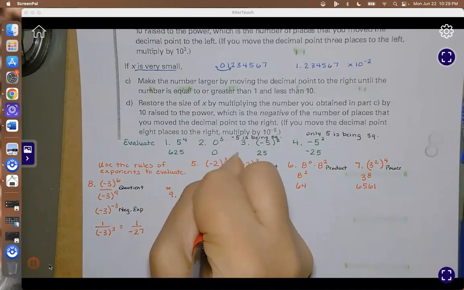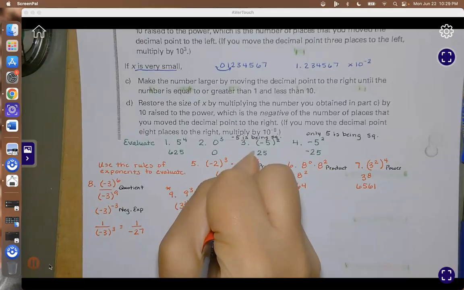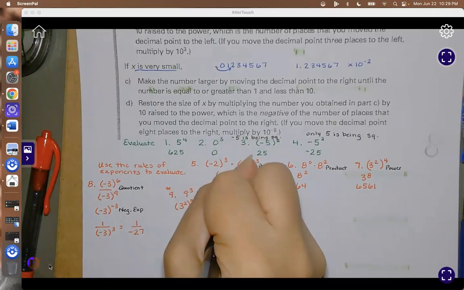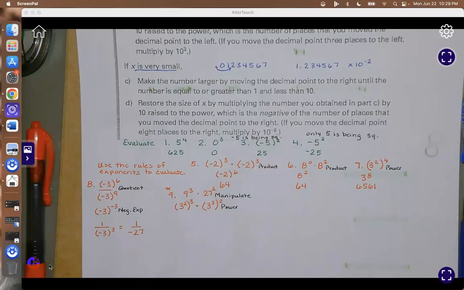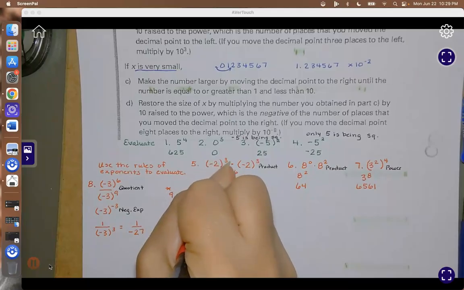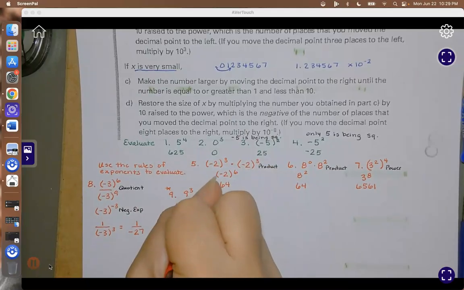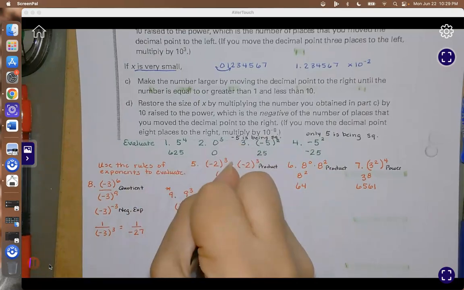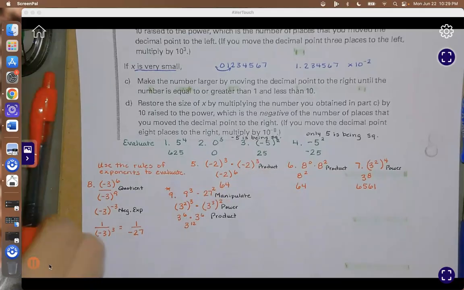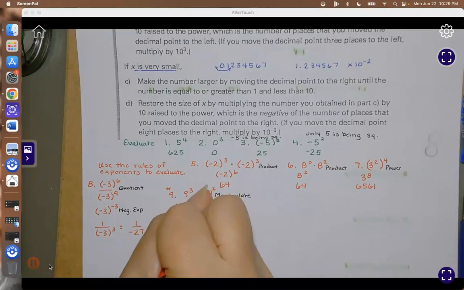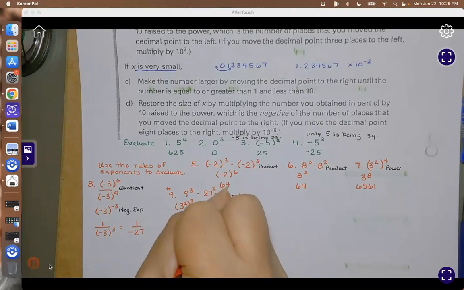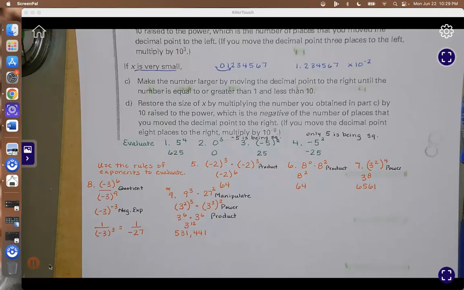Then we know that 3 cubed is 27. And we have 2 on the outside. So now we have the power rule, which means we're going to have 3 to the 6th times 3 to the 6th, which is now a product rule. So we about used all of our rules in this one. So that's 3 to the 12th, and just for the sake of time, that's 531,441.